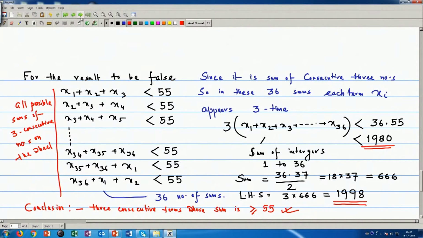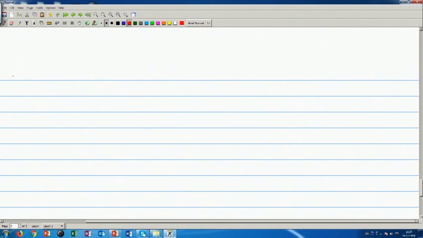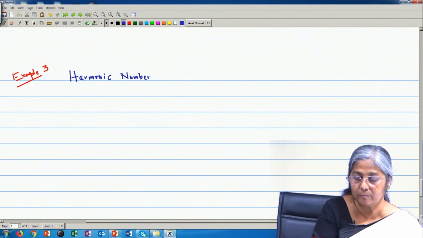And if we just quickly see another mathematical example, say, we know the harmonic numbers. How do we define them?